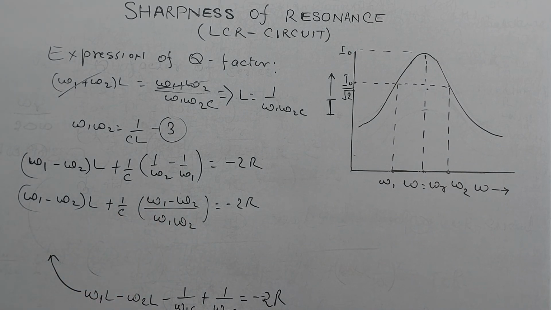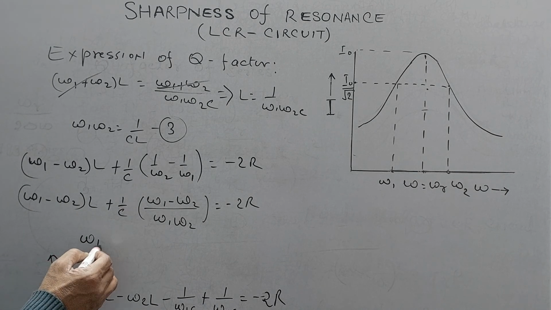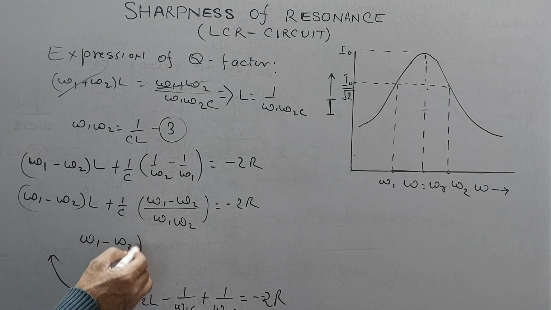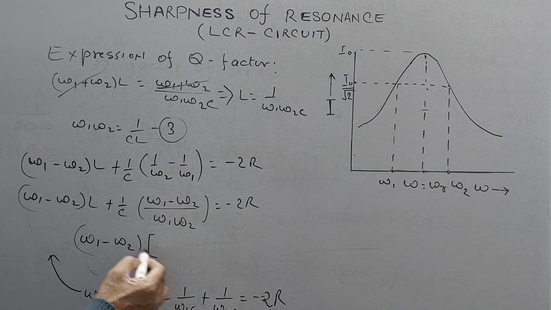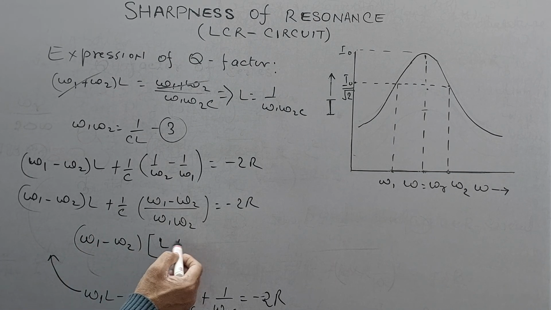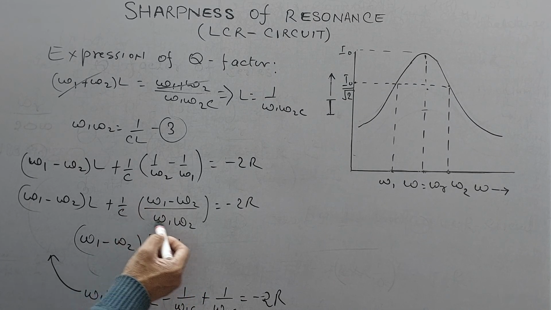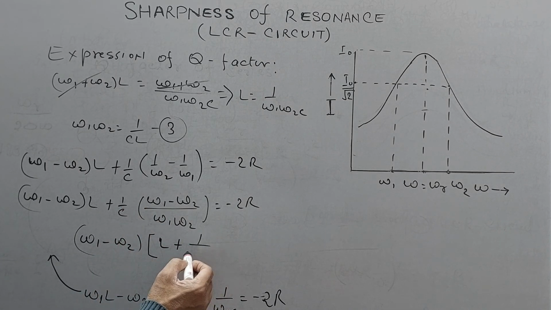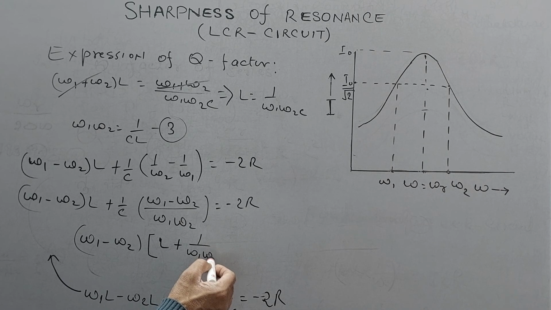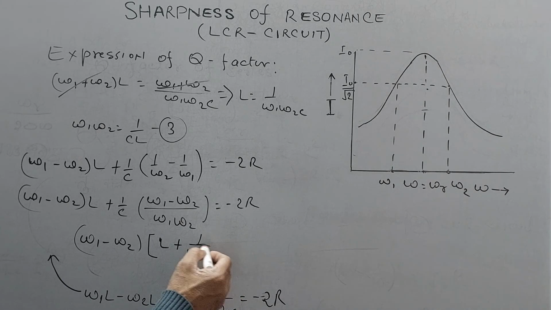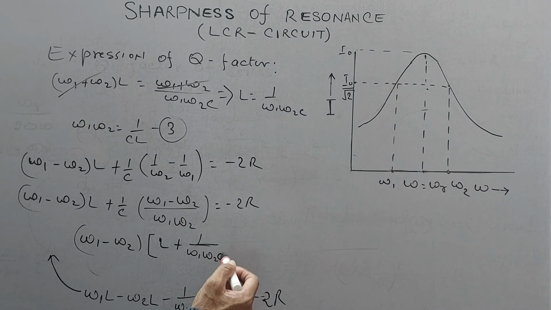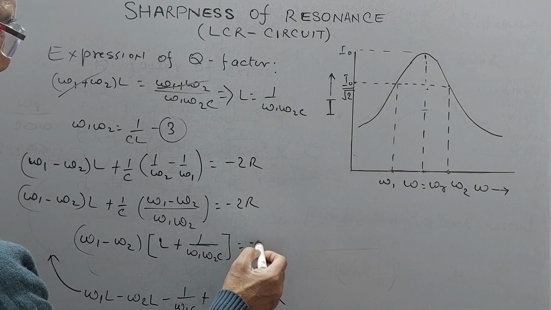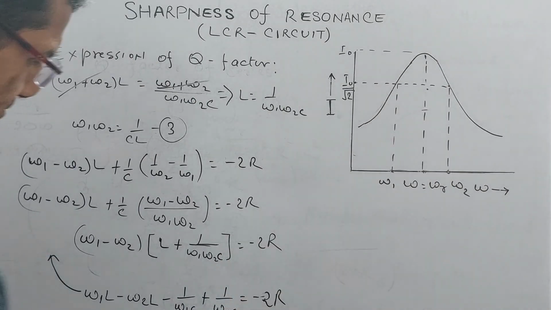If I take this outside, it comes out omega 1 minus omega 2, inside of which will be L plus 1 by C times omega 1 omega 2, bracket closed, is equal to minus 2R.